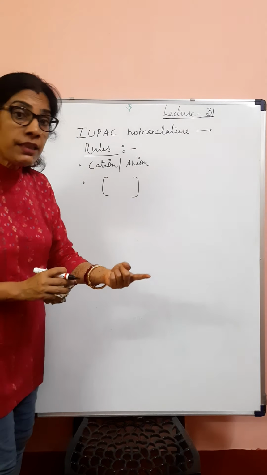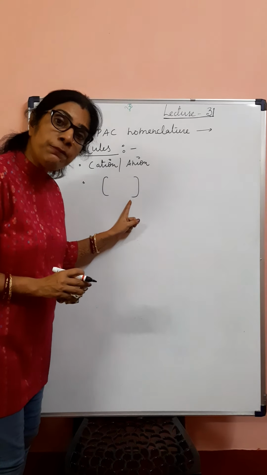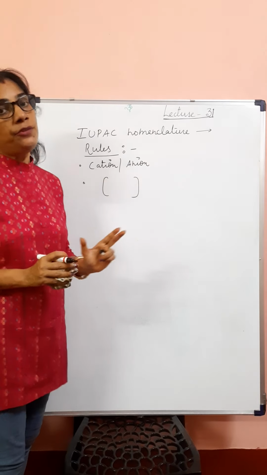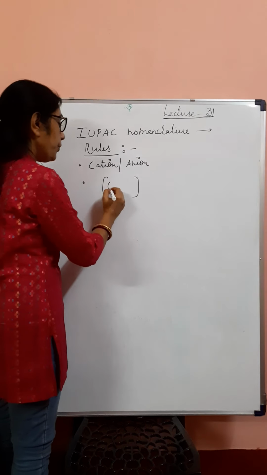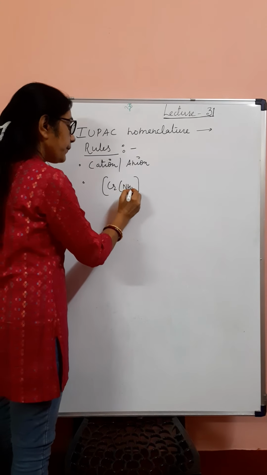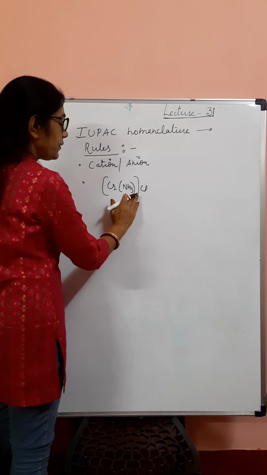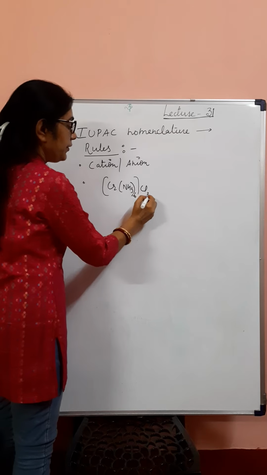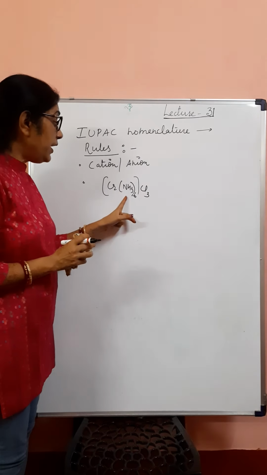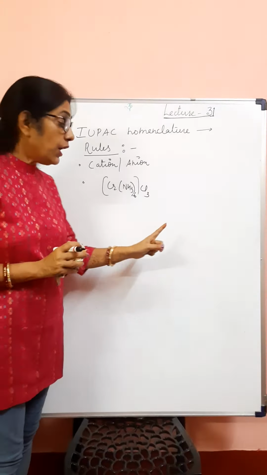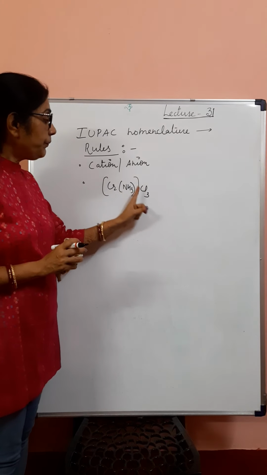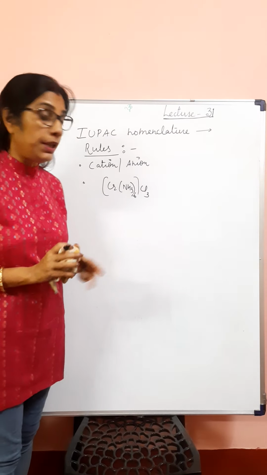But while naming, the ligands are to be named first, followed by the central metal atom. Suppose here Cr(NH3)6 Cl3 is there. So ammonia is the ligand, so ammonia would be named first, then the central metal atom, and then the counter ion is to be named.